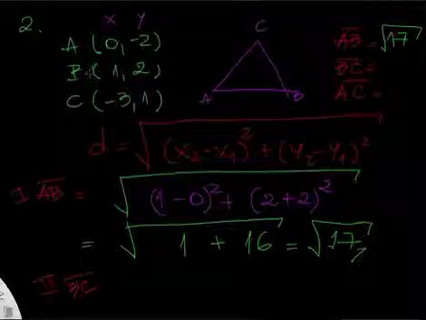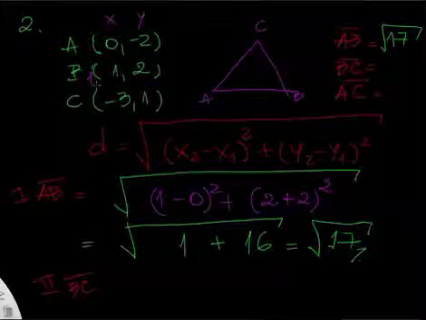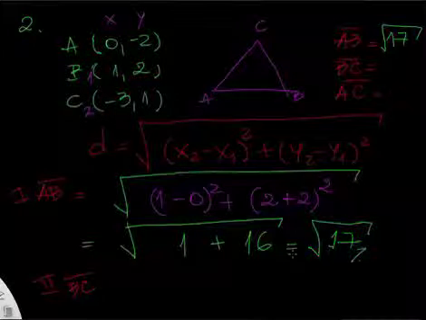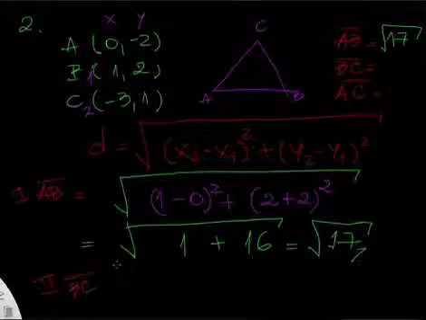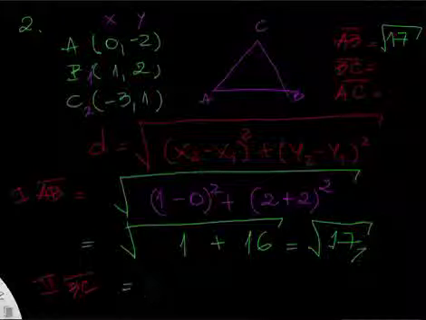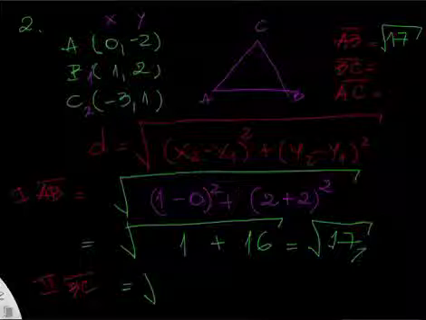Let's choose that B is 1, it doesn't matter, and C is 2. Now we follow the same steps and I make sure to not make any mistakes.